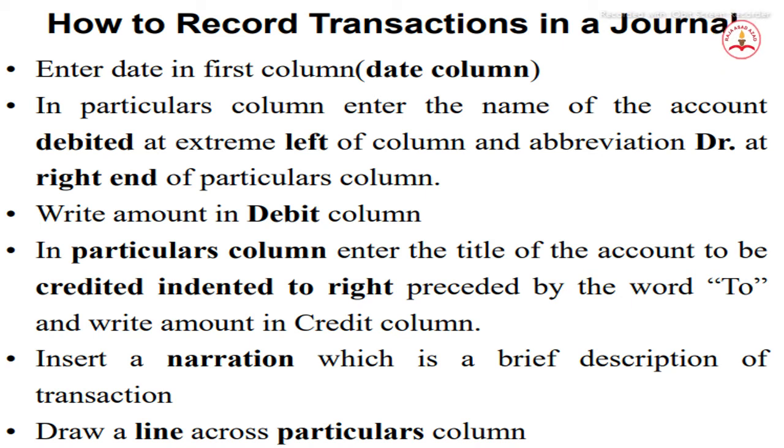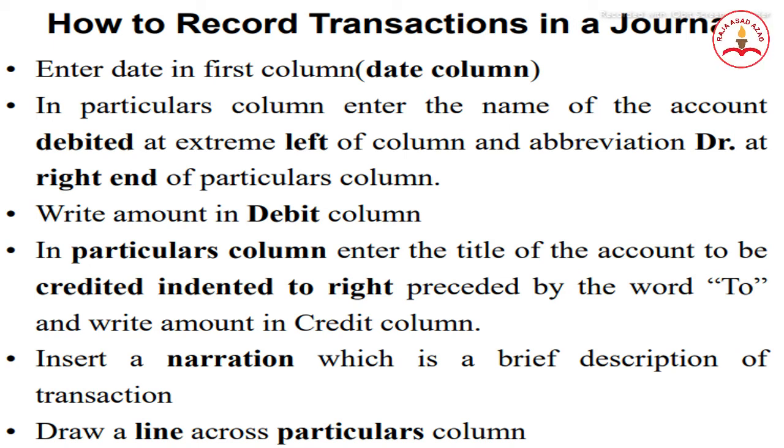Fourth, in the particulars column, enter the title of the account to be credited, indented to the right, preceded by the word 'To', and write the amount in the credit column.